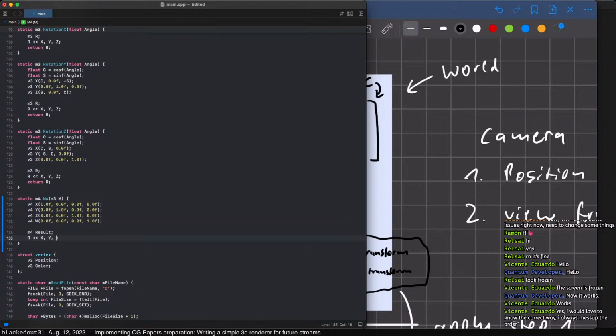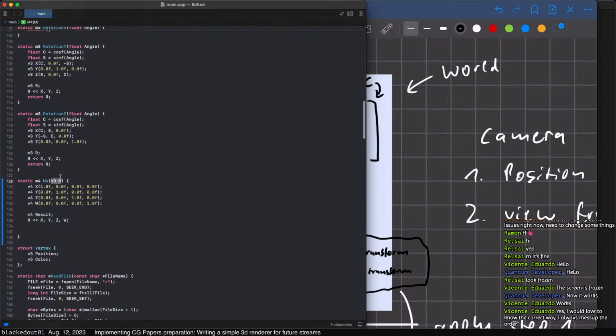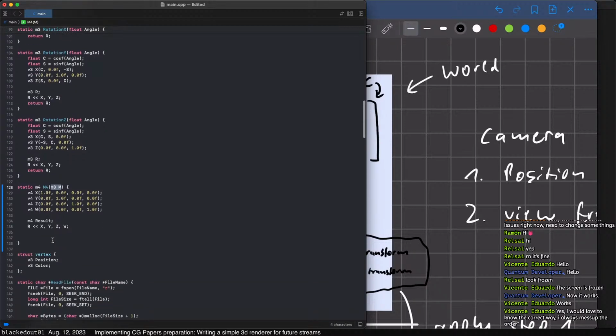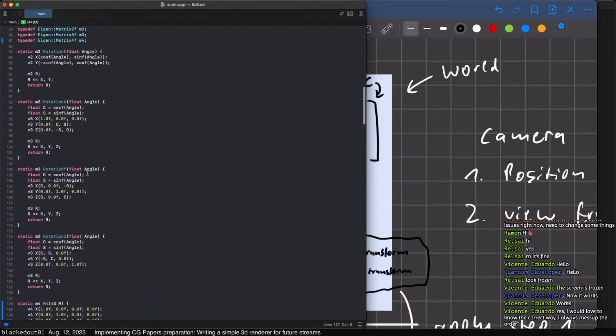Like this and like this. Okay, so this would probably be way easier if I was more skilled in using Eigen, but I'm a real noob.